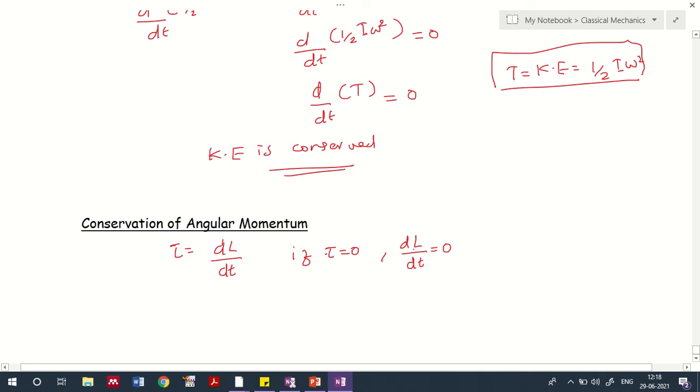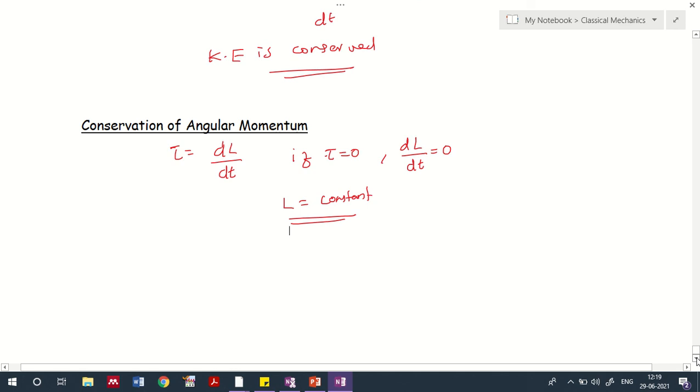If tau equal to 0, dL by dt equal to 0, that means L is equal to a constant. The angular momentum is a constant, and we can say that this is the conservation of angular momentum case. It is that simple: if the rotation is torque free, then dL by dt will be equal to 0, and the angular momentum will be conserved for a force free or torque free rotation.